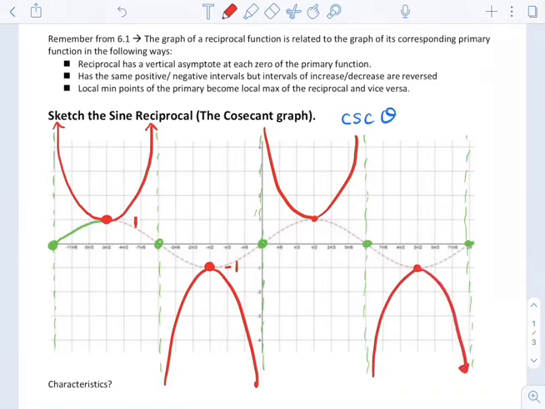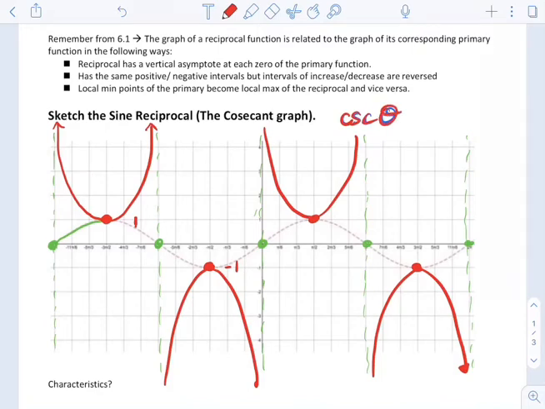So the characteristics we recognize: they intersect at 1 and -1 all the way across. Maximums are the minimums of the reciprocals and vice versa. And anywhere that there was an x-intercept for our original graph, all the green dots are vertical asymptotes for the reciprocal. So that's how we can graph cosecant theta.